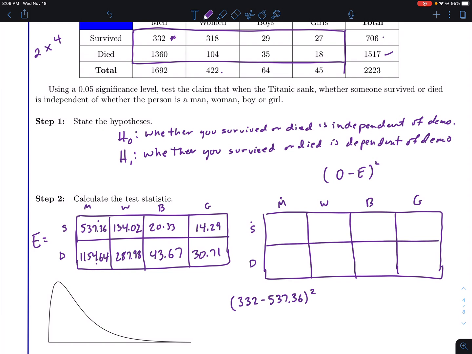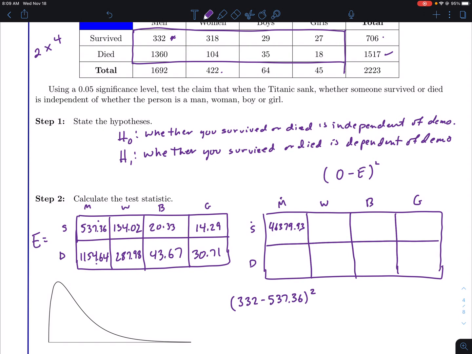I'm using a different calculator so I don't have to keep bouncing back and forth and make you guys dizzy. And then square that value. We get 46379.93. So a pretty big value here.